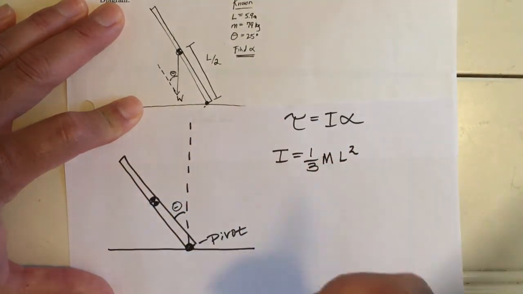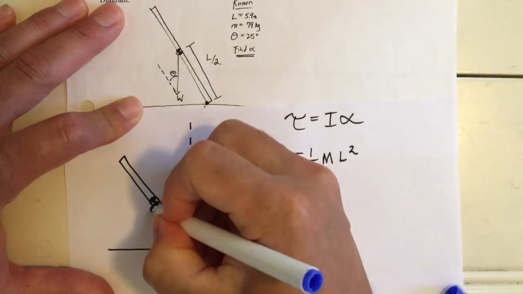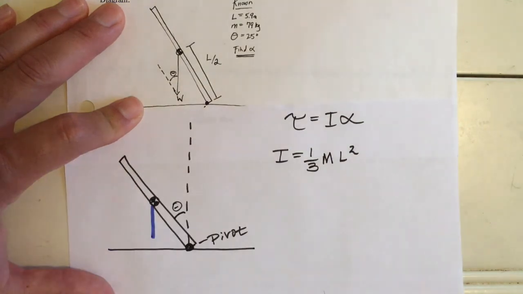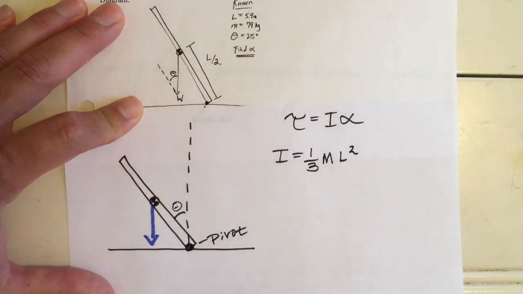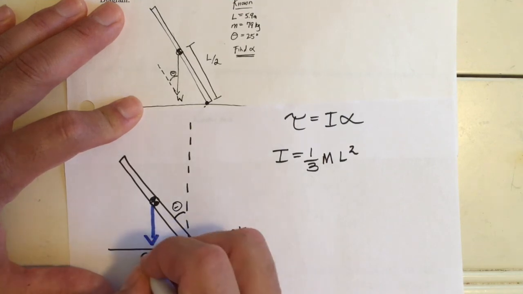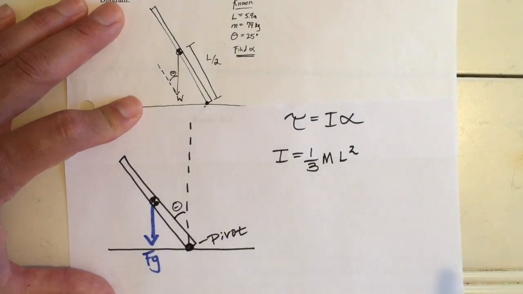But we can see that since its weight acts at the center of gravity, this is going to generate a torque. This weight, or we can call this Fg, is going to generate a torque.